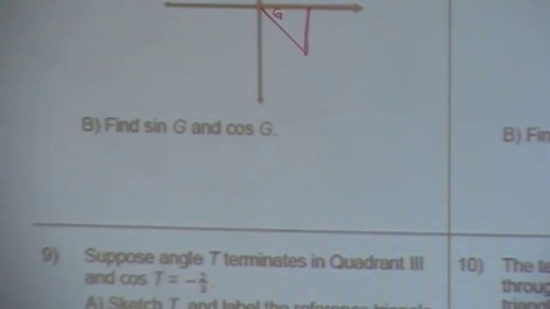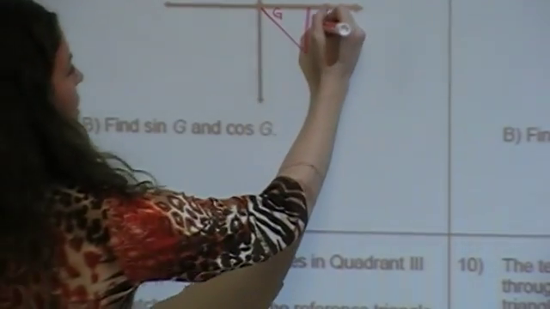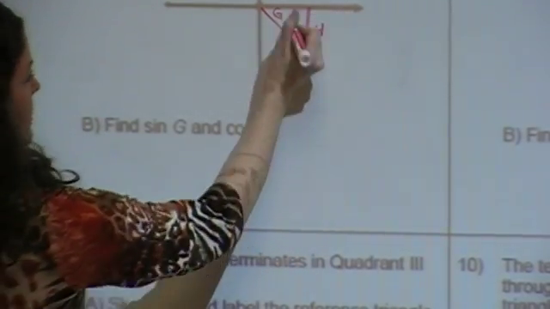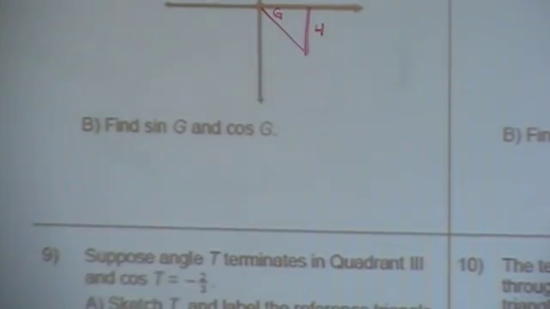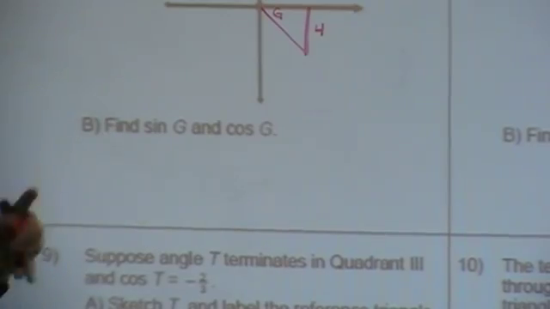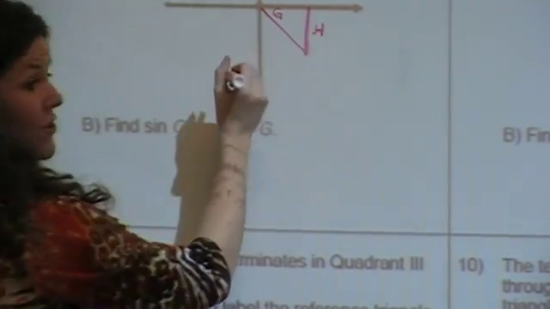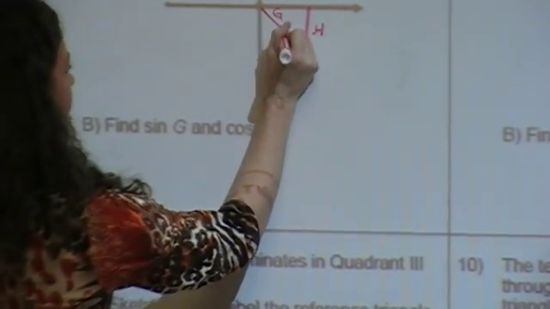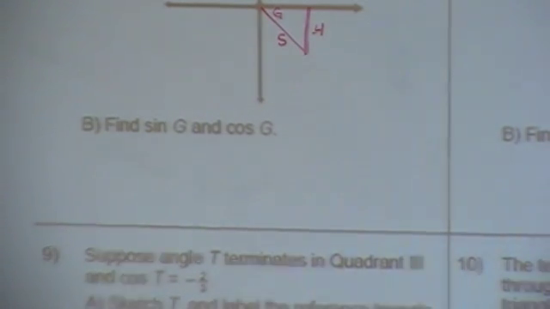And they gave me tangent is -4/3. That's opposite over adjacent. So 4 is your opposite piece, 3 is your adjacent piece. Now of those two values, because they put the negative in the front, which one's negative? 4, because it goes down. What's your hypotenuse? 5. All they asked for this time was sine and cosine.